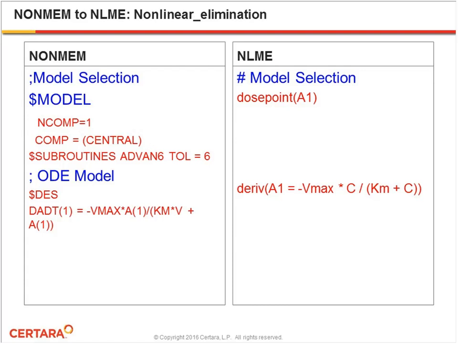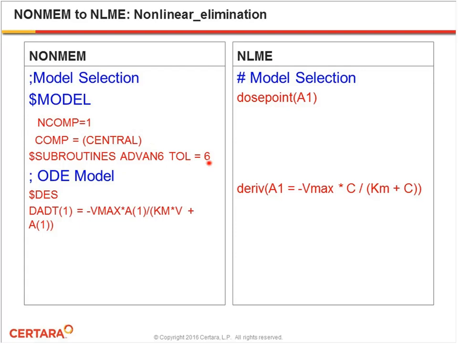In the section below, we are choosing a differential equation model, and the equation is given here. For this, we are choosing the subroutine ADVAN6 TOL6, where ADVAN6 is a standard solver for differential equations in NONMEM, and a tolerance of 6 is pretty common and is the value chosen for the precision of the solution.